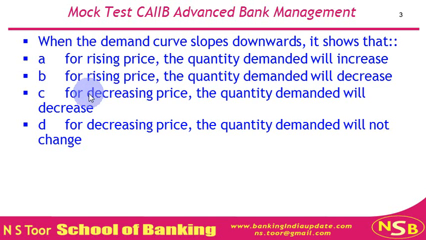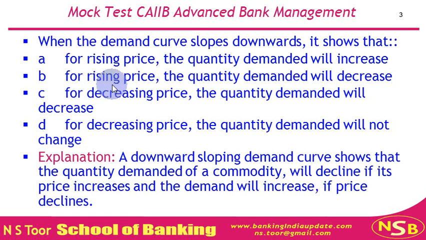Hence, our answer should be B. A downward sloping demand curve shows that quantity demanded of a commodity will decline if its price increases and will increase if price decreases. So here we have a downward sloping curve. For a price rise, the quantity demanded will decrease. Answer B.